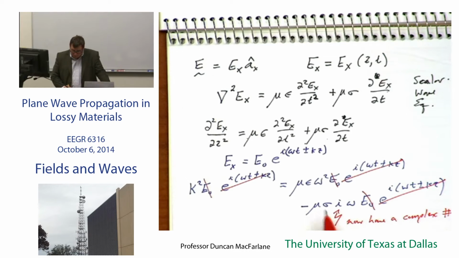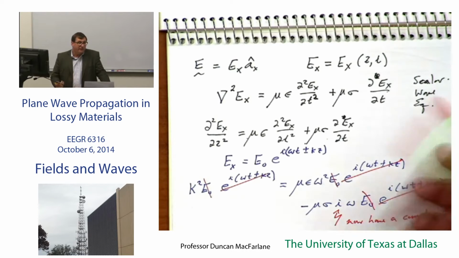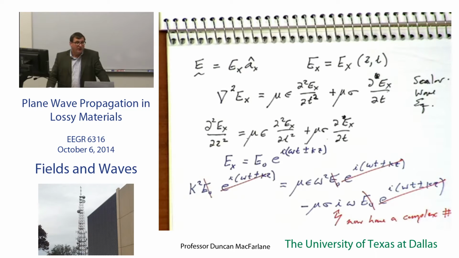So before we solved for what this degree of freedom was, k, in terms of the frequency that I was operating at and the material constants. And now I have the same relationship, the same dispersion relationship, but it's complex. Square root of minus 1 complex.